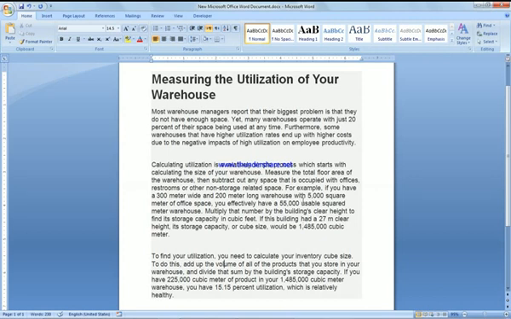We add all the volume of all the product we have stored in the warehouse, which is 225,000. Once we divide this 225,000 by the total volume capacity of the warehouse, we obtain the warehouse utilization.